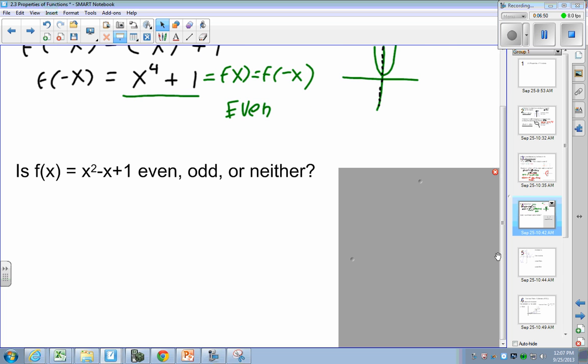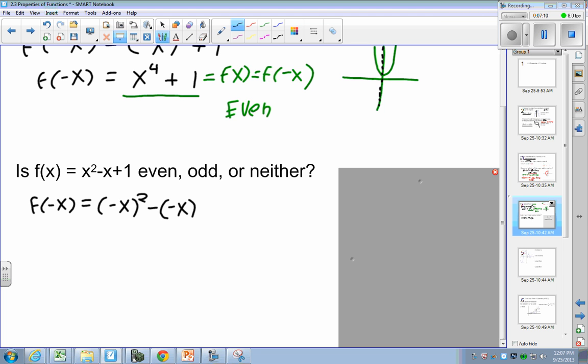All right, this last one though. How do we show it's even or odd? Plug in that negative x. Okay, so now let's simplify it.